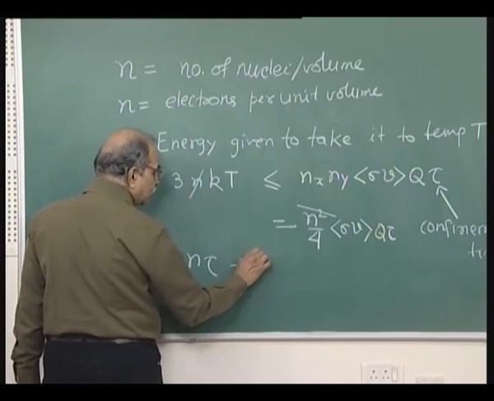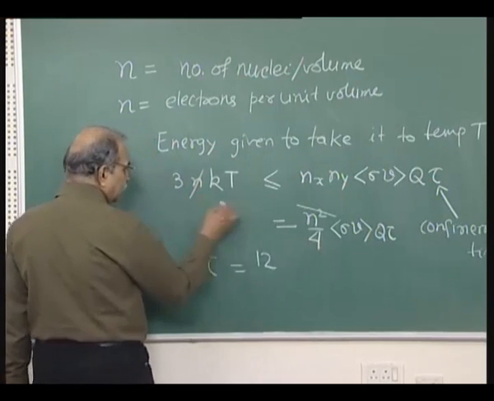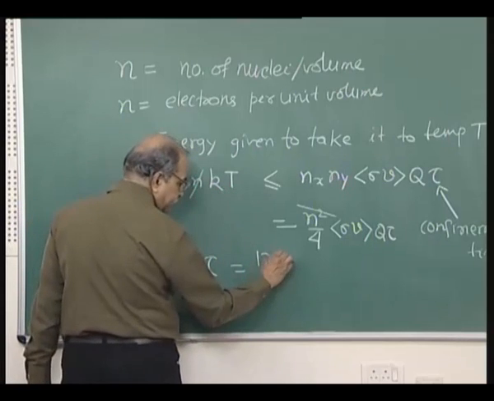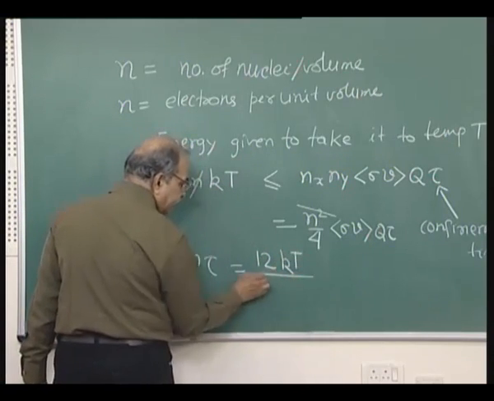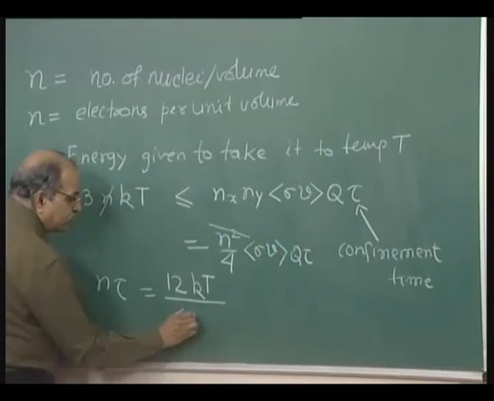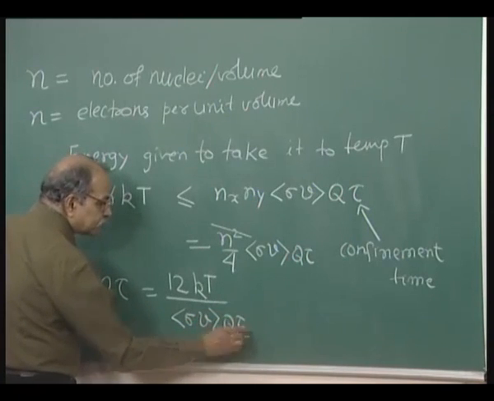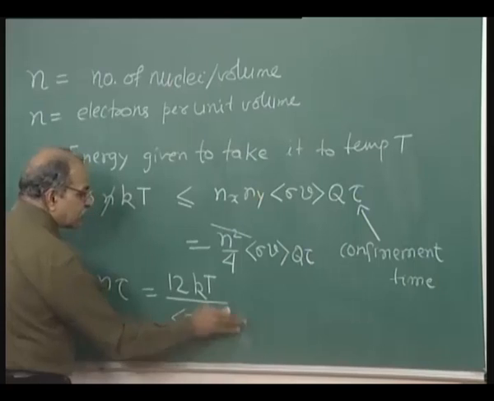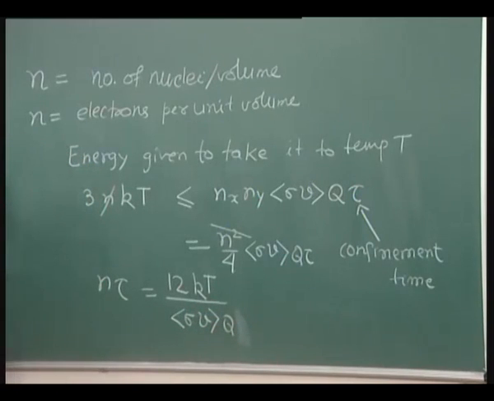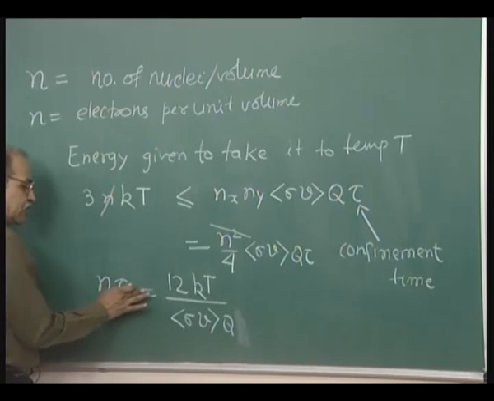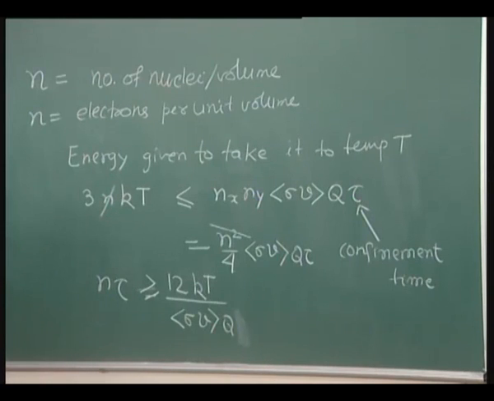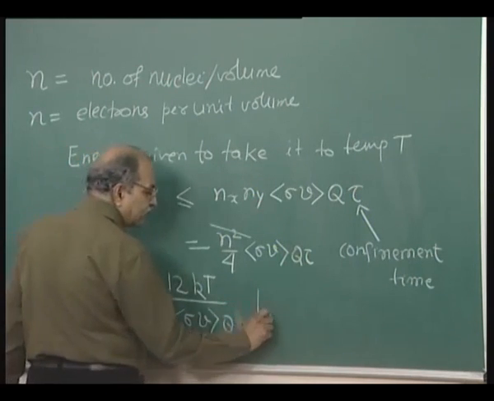So, n tau should be equal to 12, 4 into 3 is 12, kT divided by sigma v and Q. Tau is there, tau we have already written here. So, it should be greater than or equal to this. This is the famous Lawson criteria.